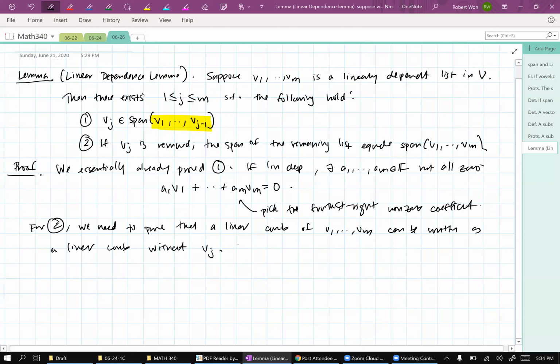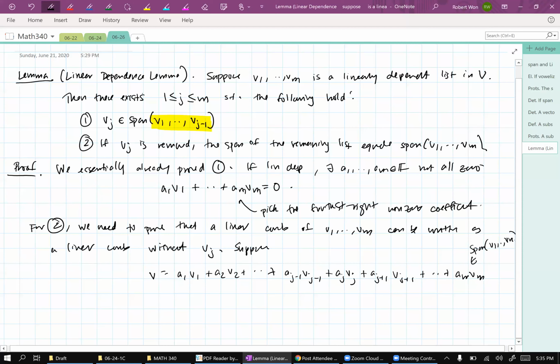Right, so let's suppose that you have some vector which is just any old linear combination of these vectors. So this is in the span.